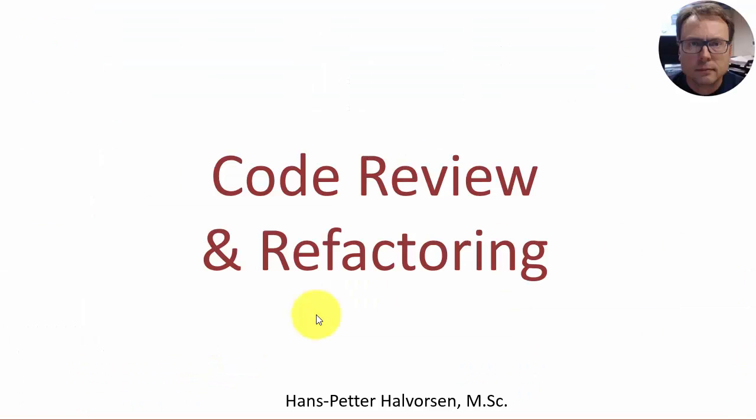Next, we will talk about code reviews and refactoring, because performing code reviews within a team is an important part of the testing phase. Because then we can find bugs in the application before they actually appear, and based on the code review, we can change the code and make it better before the bugs actually appear.